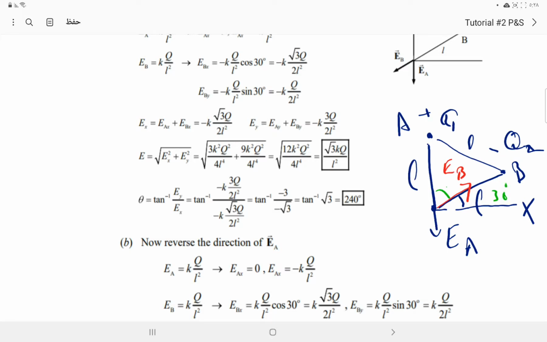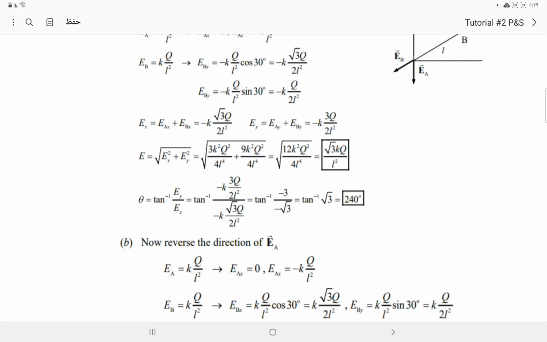Yes, excellent, this is 30. So I can analyze this vector into two components. The x-axis will be cosine 30, and this will be sine 30. As we said, this is just covering the angle here. And also you can use the Pythagoras theorem here for getting the electric components in x and y directions.